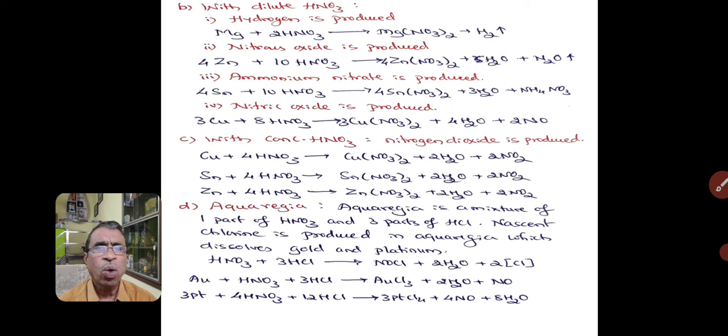So gold reacts with HNO3 and HCl, that is aqua regia, and forms gold chloride, 2H2O, and nitric oxide is produced. Similarly, the reaction takes place with platinum, which gives platinum tetrachloride, nitric oxide, and water.